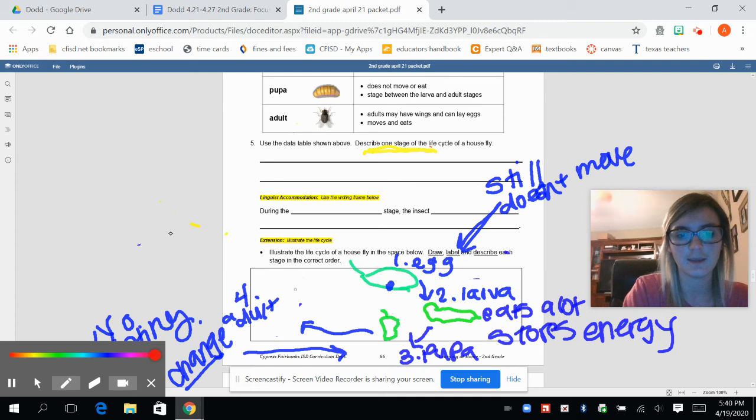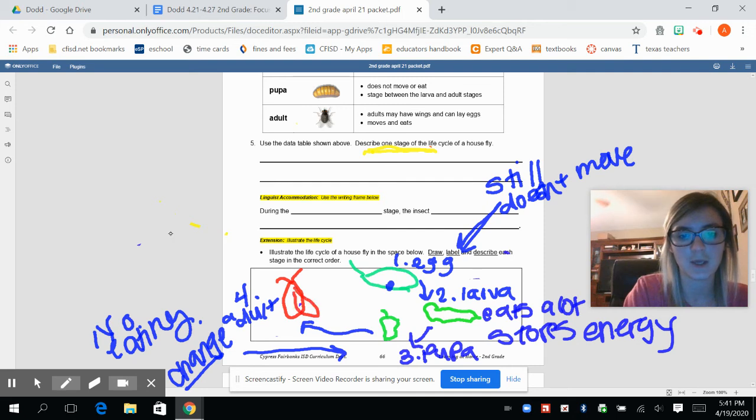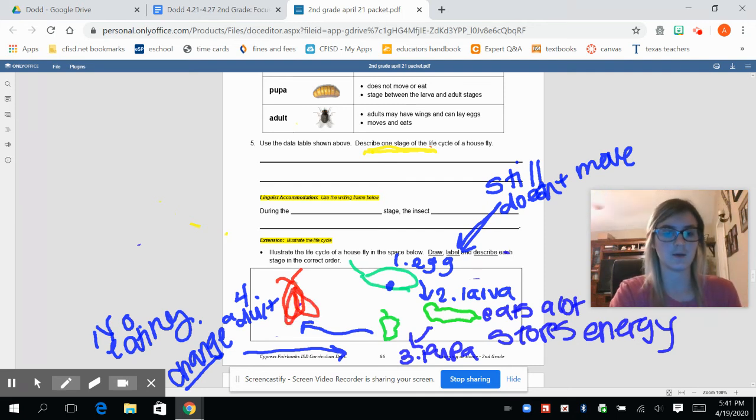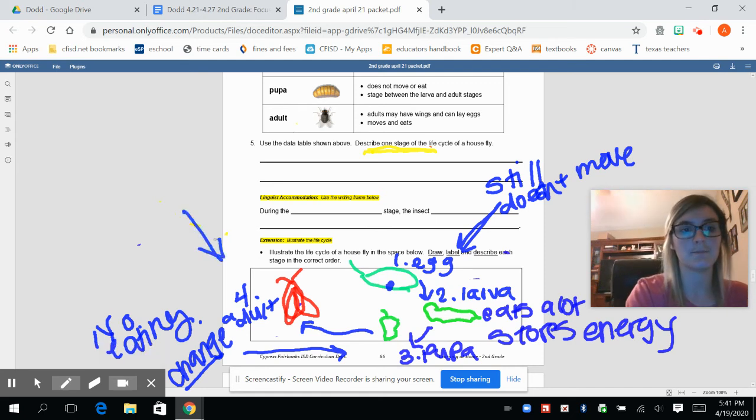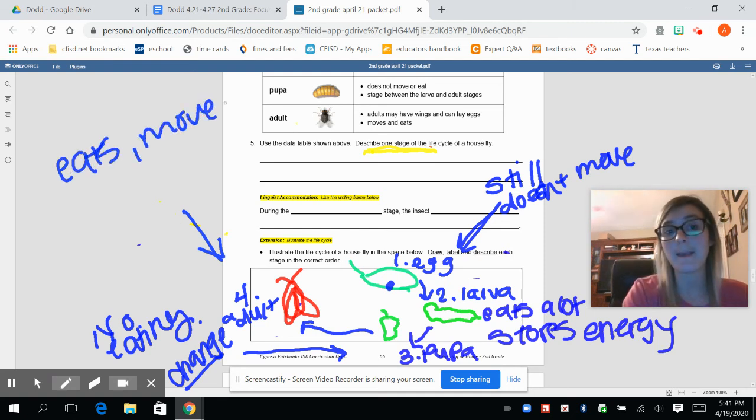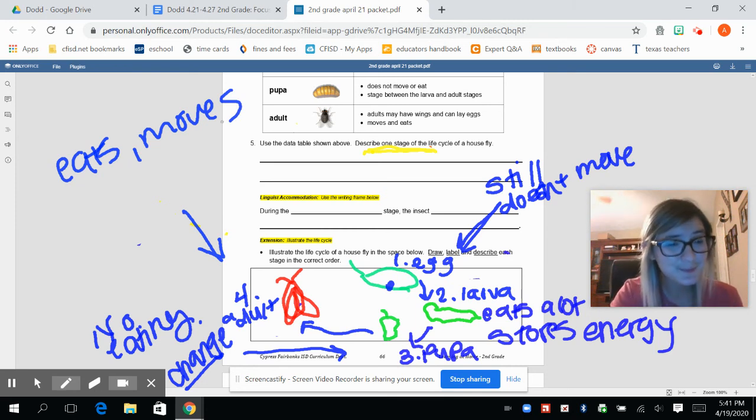Okay, and we'll draw, this is my fly, its bigger wings. Okay, and what happens in the adult stage? Well, in the adult stage, the bug eats and moves. And most important, what did we say was most important?